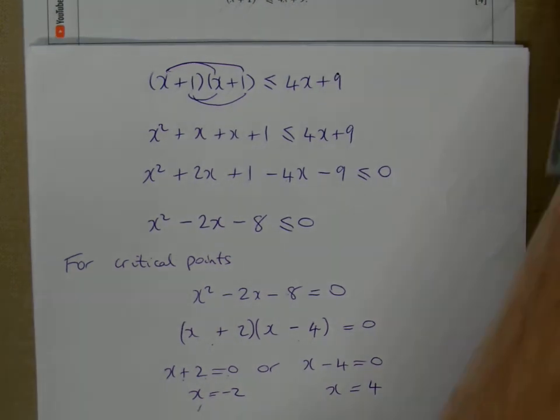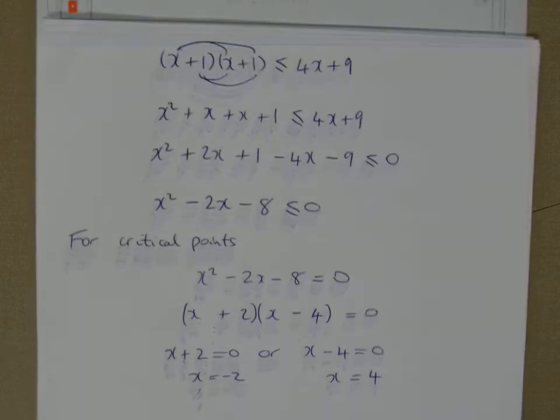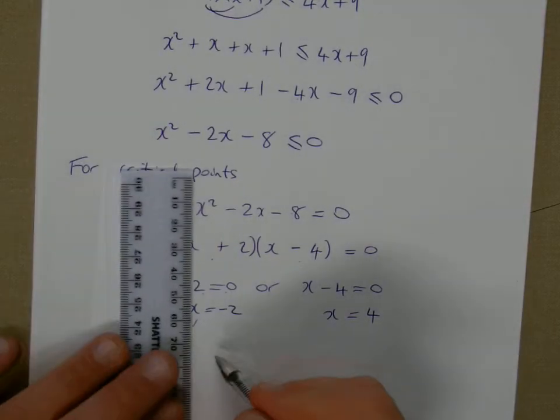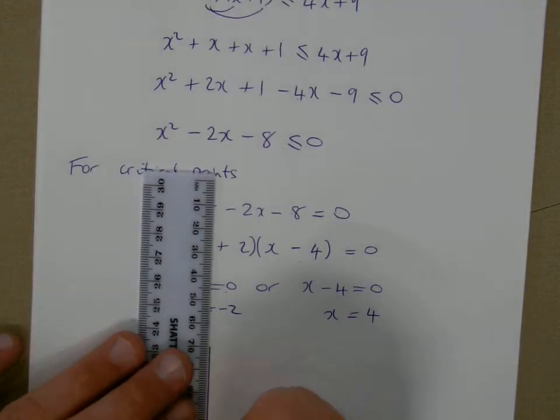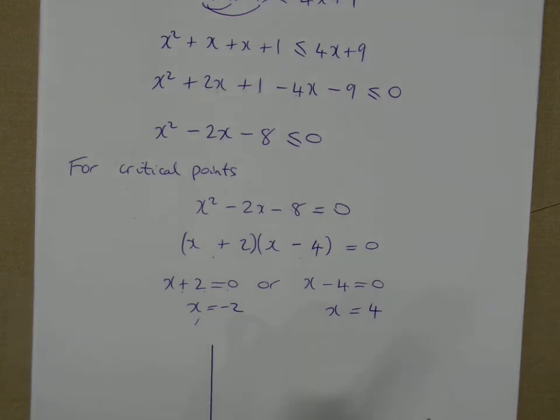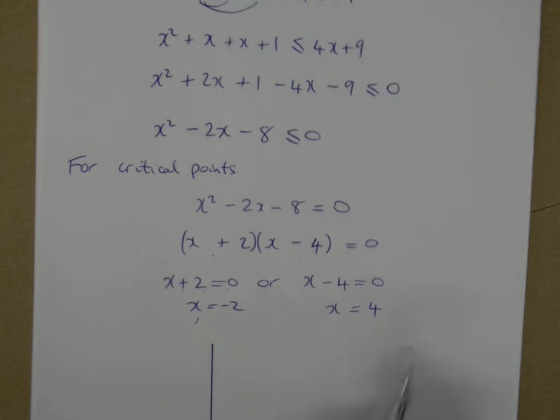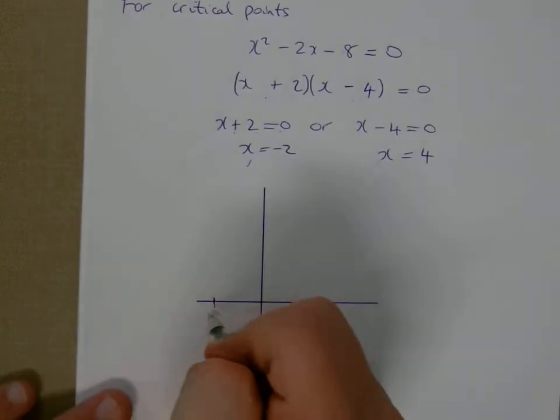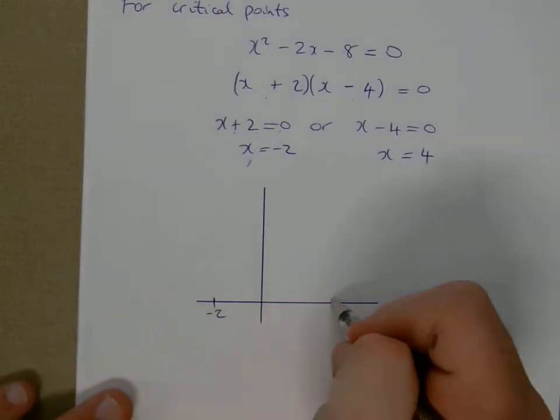What we do then is we draw our quadratic. We know something about this. A quadratic we know is a smiley face, but we also know where it crosses the x-axis. In this case we've got minus 2 and 4, so it crosses at minus 2, and it also crosses at 4.